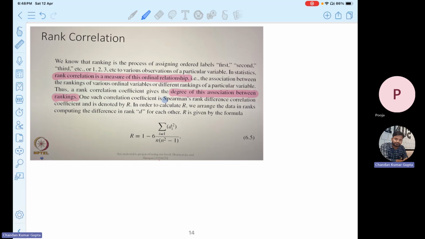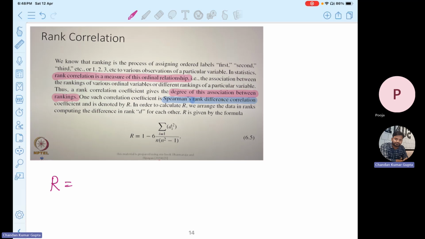There are many rank correlation coefficients, such as the Spearman rank difference correlation coefficient. This is calculated with the help of this formula. Here R, denoted by capital R, is Spearman's rank difference correlation coefficient.